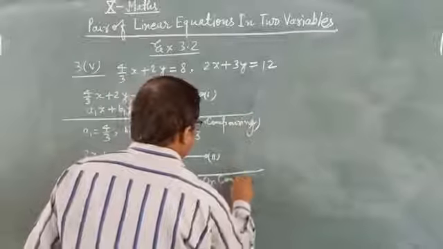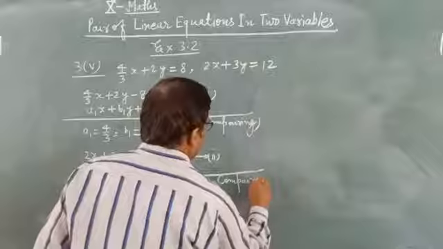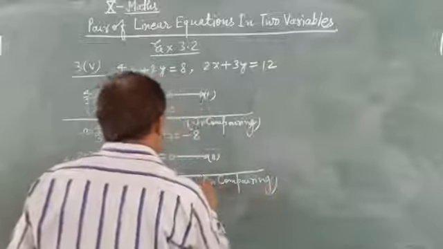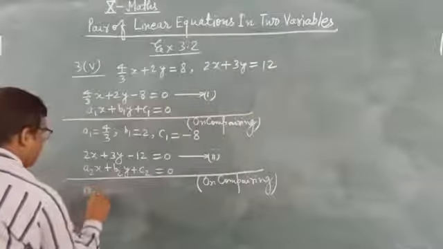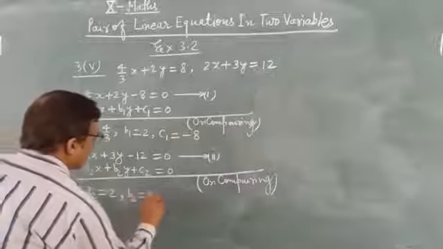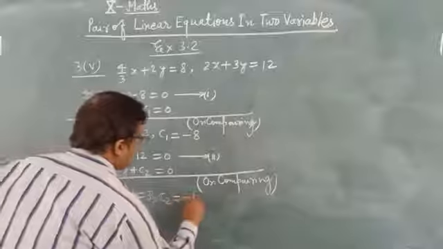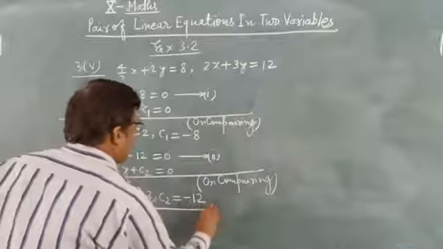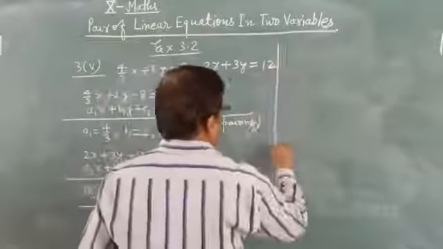On comparing these two equations, we have a2 equal to 2, b2 equal to 3 and c2 equal to minus 12. Now we find the ratios.